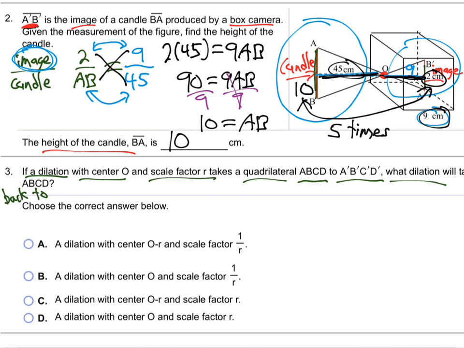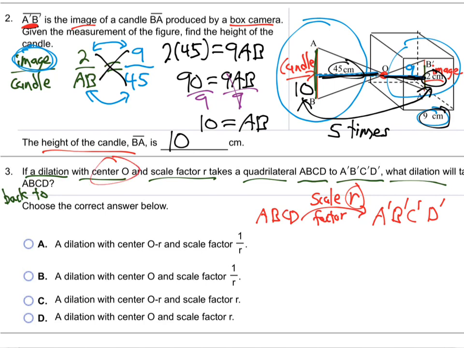So if ABCD becomes the image, A prime, B prime, C prime, D prime, with scale factor R and center O, what's going to make it go back to the original?